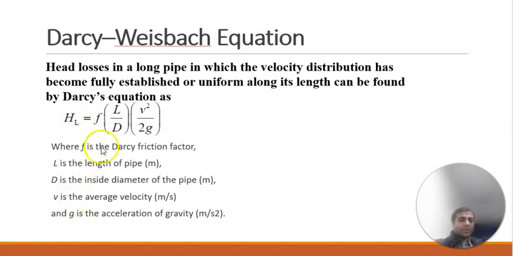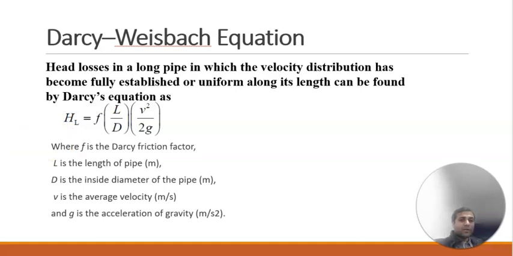Okay. Now this f is the Darcy friction factor. That's actually a constant which will be given to you. So out of these 1, 2, 3, 4, 5 variables, g is going to be the constant 9.8. Usually one is missing, everything else is given, and you can put that in the formula and calculate the missing bit.